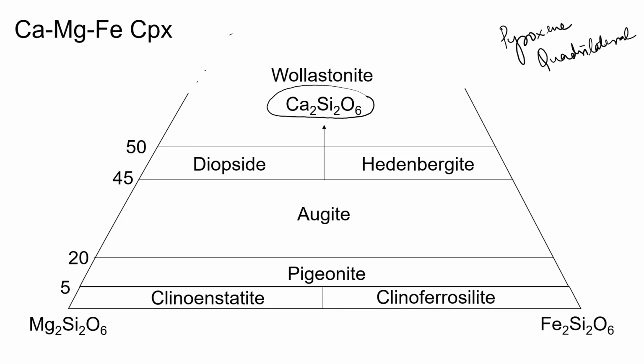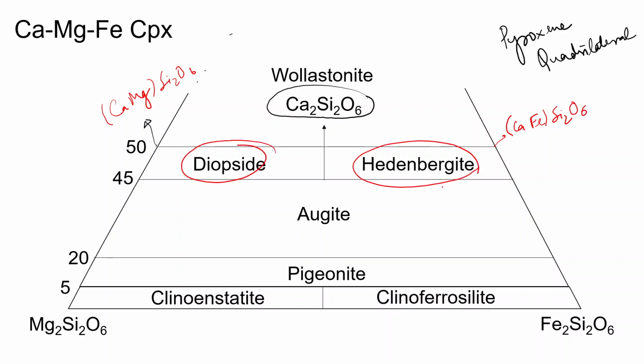Now, wollastonite is not a true pyroxene, even though it is an inosilicate. This composition over here will be CaMgSi2O6, and here it will be CaFeSi2O6. So these two are called diopside and Heidenbergite.